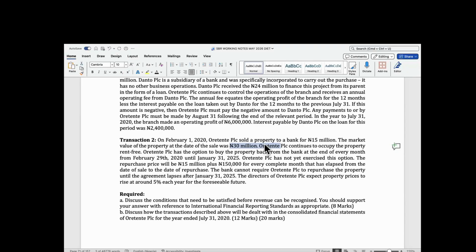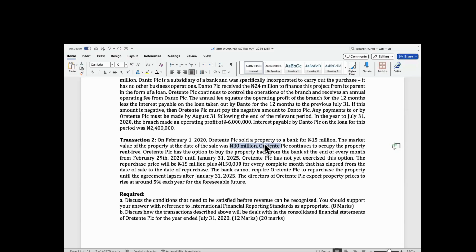But if they should repurchase it from the bank, it will be 15 million plus 150,000. So it makes sense for him to repurchase it.